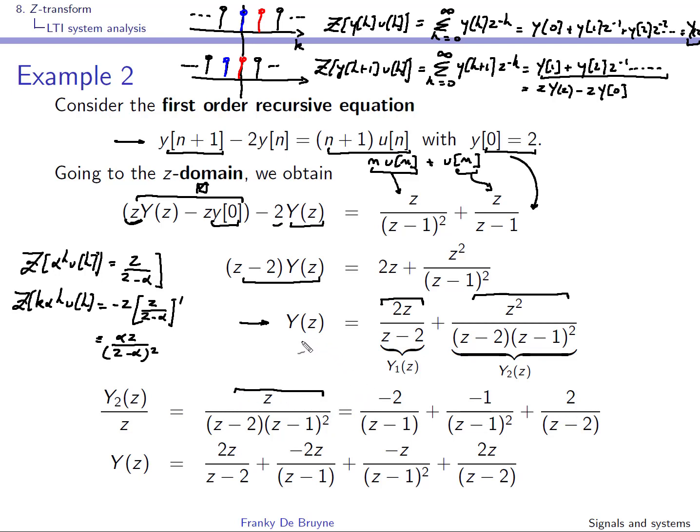So now you can of course obtain Y2 by multiplying by z. This is Y2 over here, and this is Y1(z). So you see that you have terms in z minus 2 over here and over here. So of course we're able to group them.